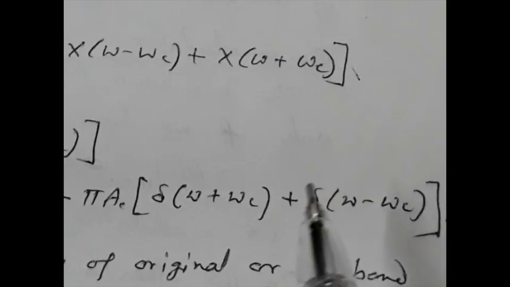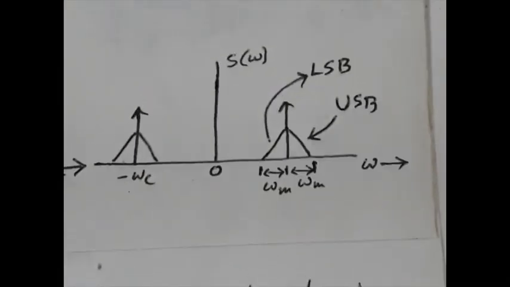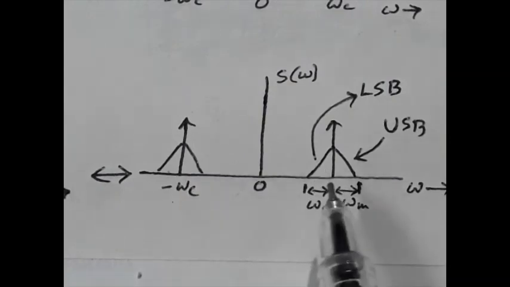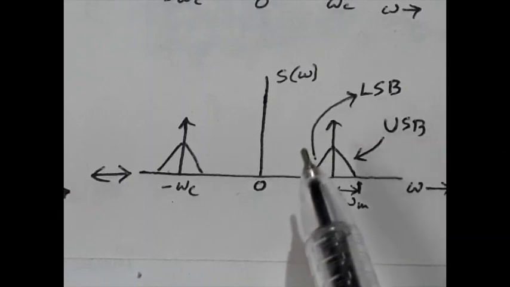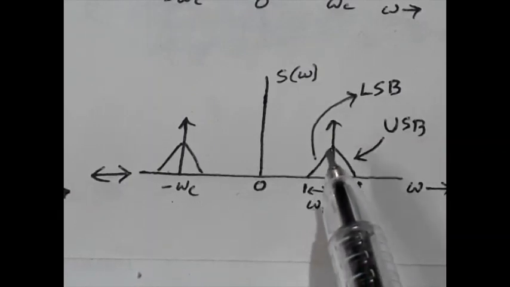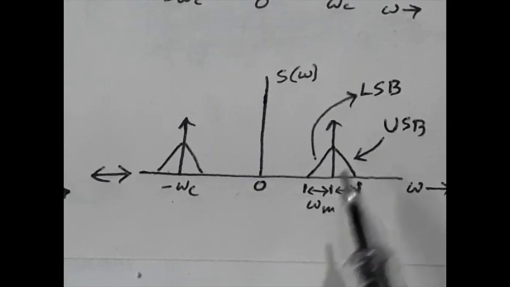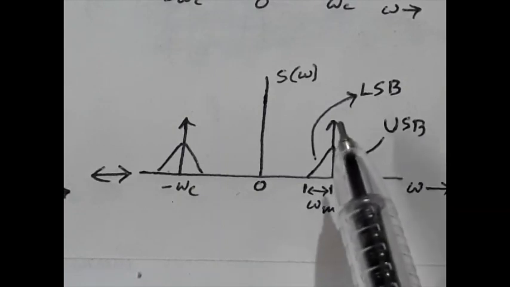This delta function implies a spike, so it implies that we have two spikes at frequency ωc and minus ωc. So the AM spectrum consists of the original message signal shifted by ωc and a spike like this for the carrier.